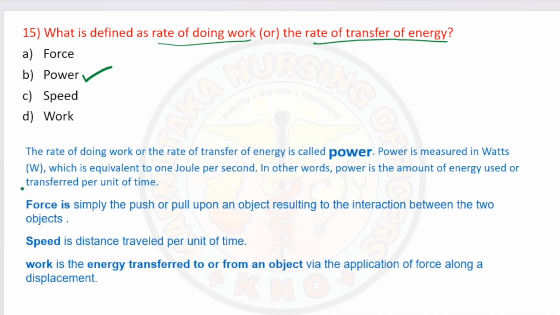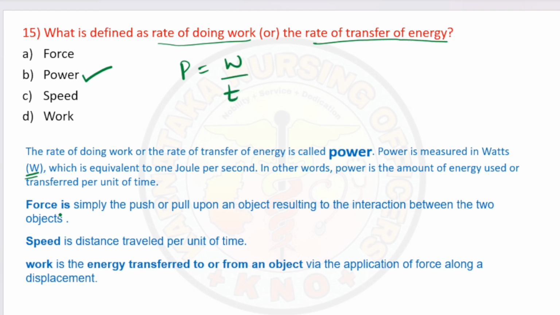Power is measured in watts, capital W, which is equivalent to 1 joule per second. In other words, power is the amount of energy used or transferred per unit time. So P is equal to W by t.